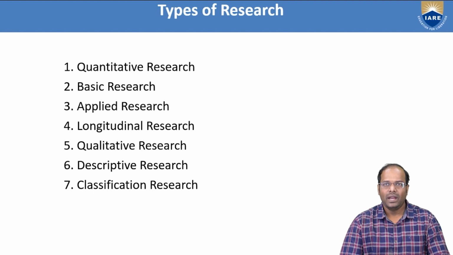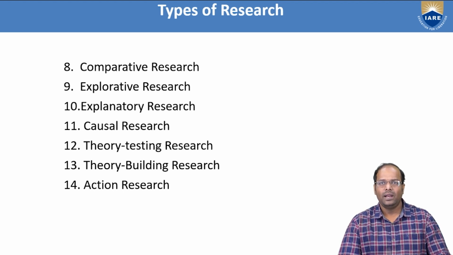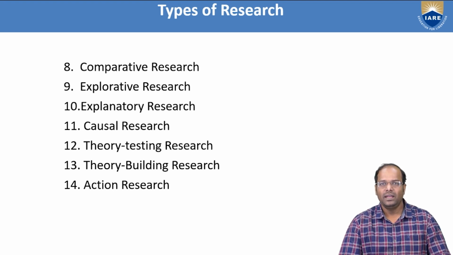One is quantitative research, second one is basic research, third one is applied research, fourth one is longitudinal research, fifth one is qualitative research, sixth one is descriptive research, seventh one is classification research, and eighth one is comparative research, and the ninth one explorative research, 10th one exploratory research, causal research 11th one, 12th theory testing research, and 13th one theory building research, and 14th one action research.